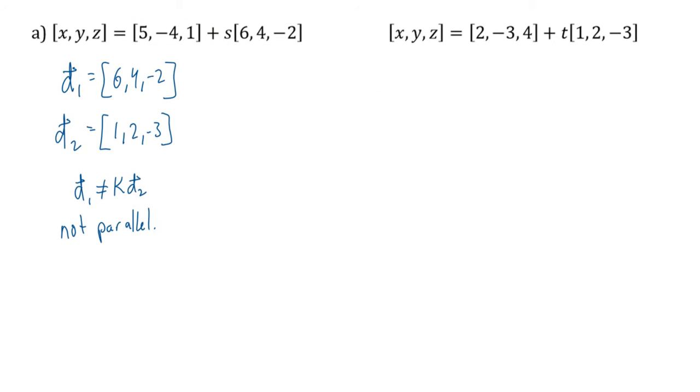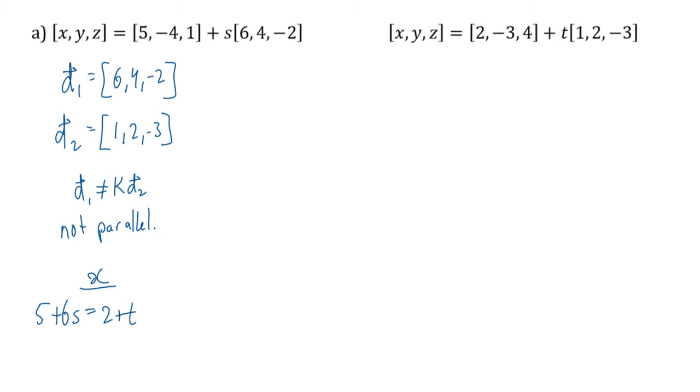But if they're not parallel, then what we have to do is consider the parametric form and solve a system. So for x, I'm going to say 5 plus 6s equals 2 plus 1t, or 2 plus t.